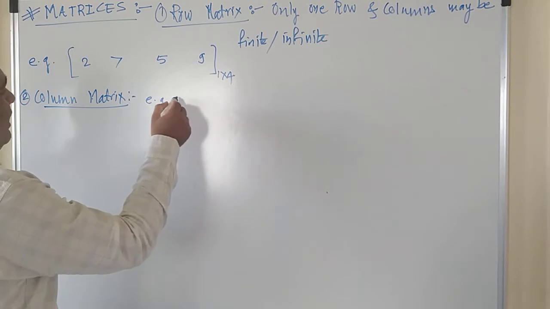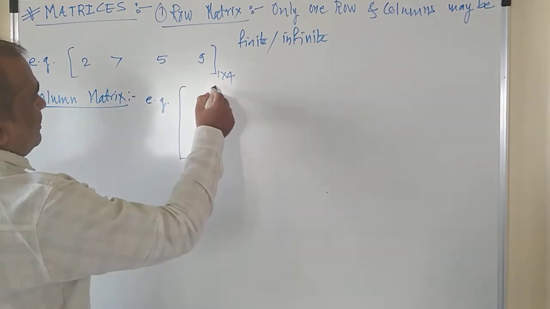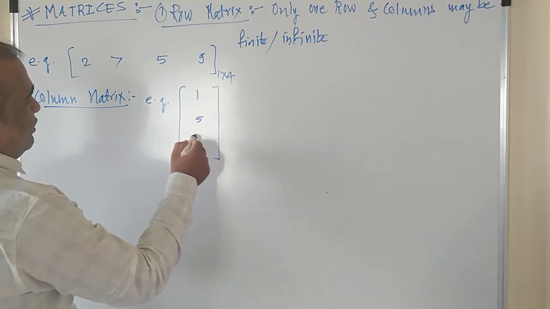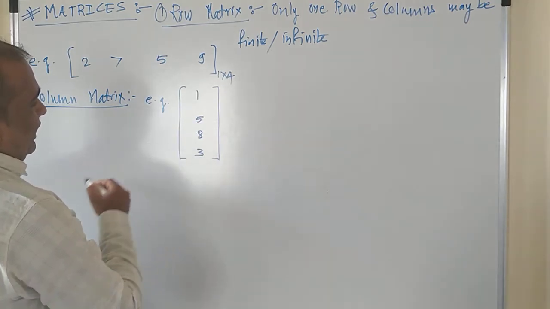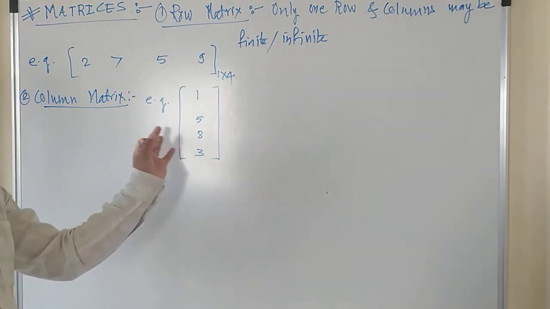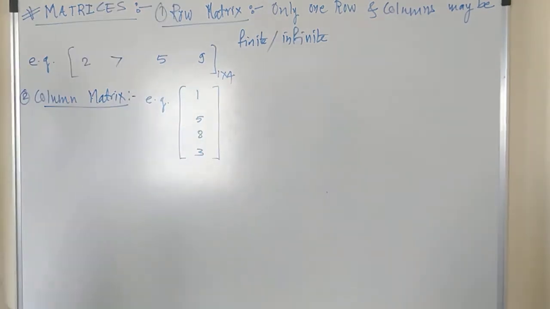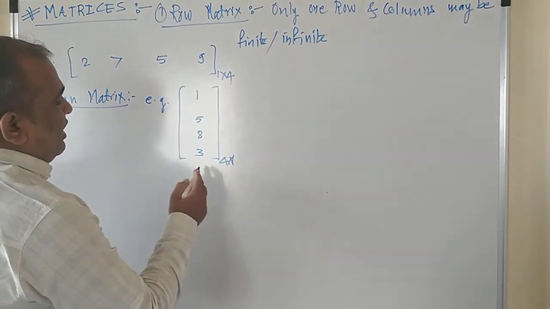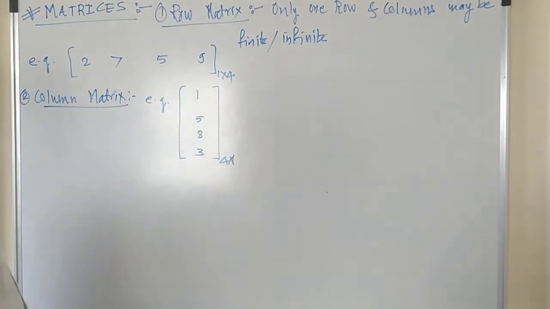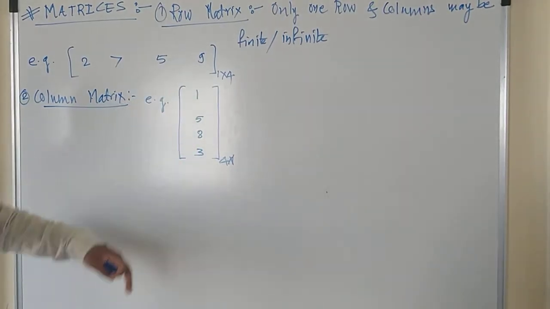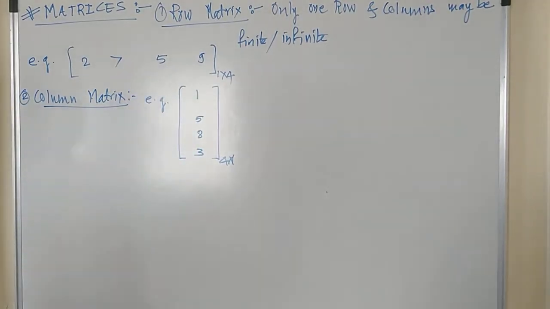For an example, I can write the column matrix as this: 1, 5, 8, 3. So this is a column matrix having a single column and there are 4 rows, so this is a 4 by 1 matrix. Or you can decrease the number of elements, and if you consider only 1, 5 and 8, it will be a 3 by 1 matrix, isn't it?